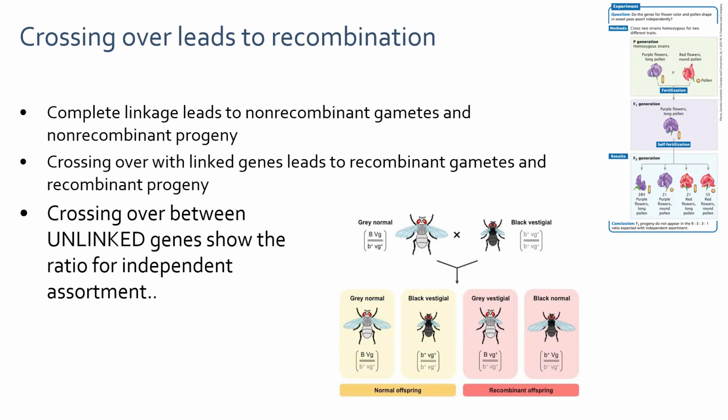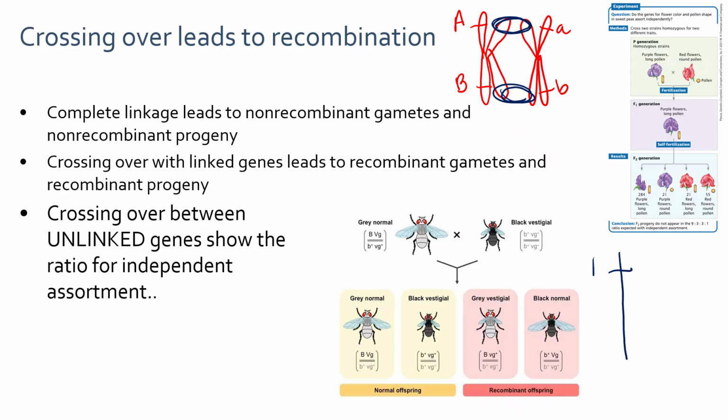When crossing over occurs, we end up with recombinant chromosomes, and we end up with 4 options. So let's say that we have 2 sets of chromatids, and here we have A and here we have B. And then if these chromosomes switch places, and these chromosomes switch places, we end up with 4 options.